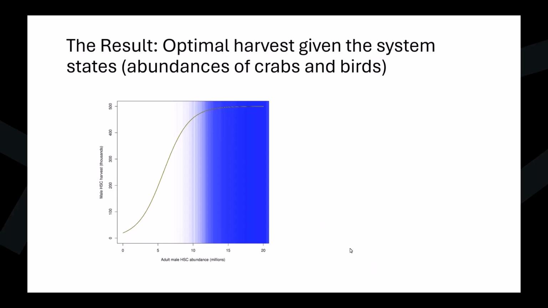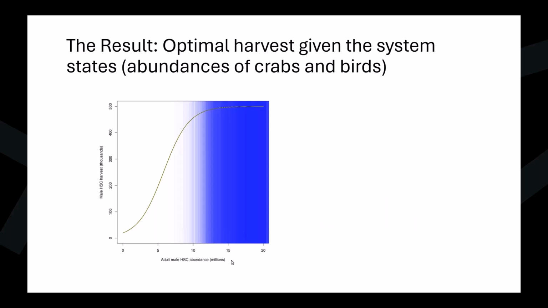Okay, so as we said before, the situation for male horseshoe crabs, once you have that harvest factor, is very simple. What you do with that, you just multiply the y-axis by 500,000, which is the maximum that harvest could be. So now instead of going from 0 to 1, we're going from 0 to 500,000, but it's the same curve as the harvest factor. So you can see that it rises fairly quickly with adult male horseshoe crab abundance.